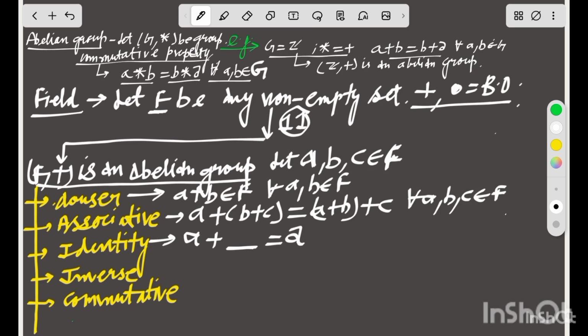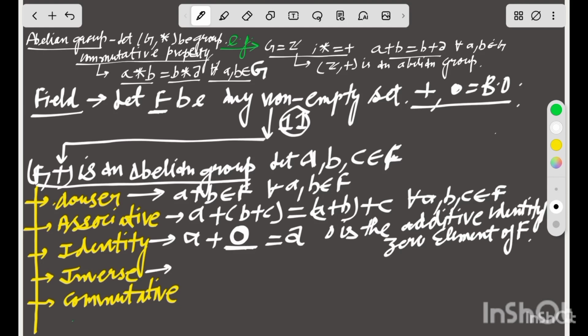Just like in the group, we give the identity the notation E. Here we give the notation 0 to the identity. So what is 0? Since it is with respect to the first operation, addition, we call it the additive identity or the 0 element of the set F. Fourth is the inverse. Let A be any element.